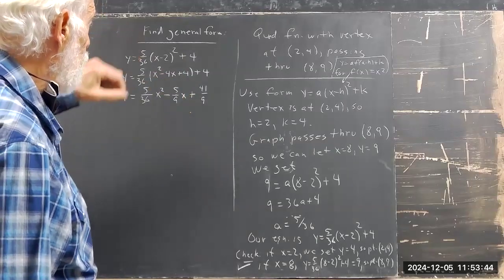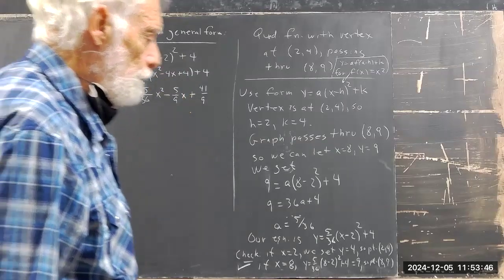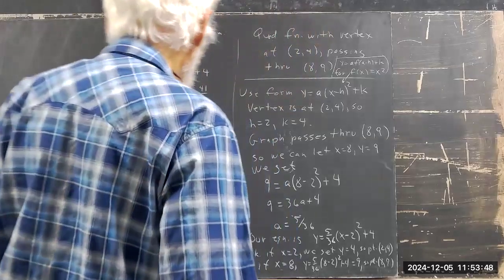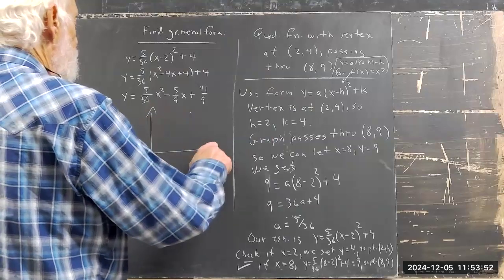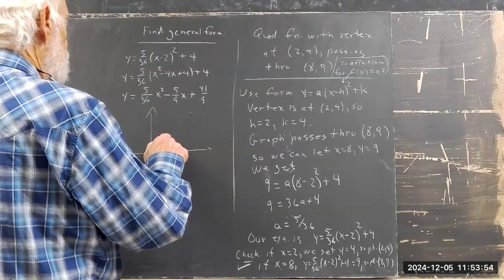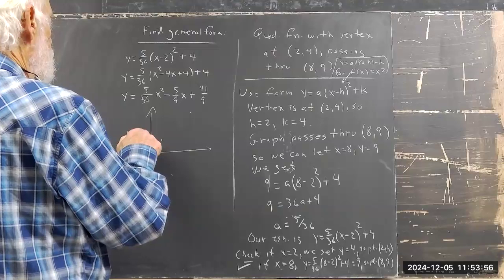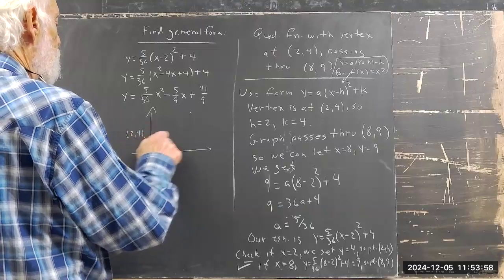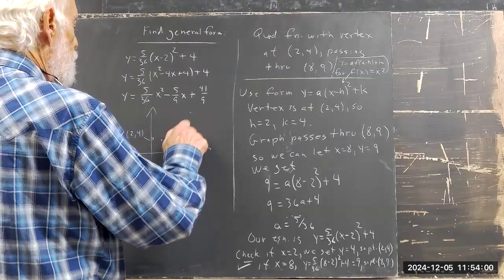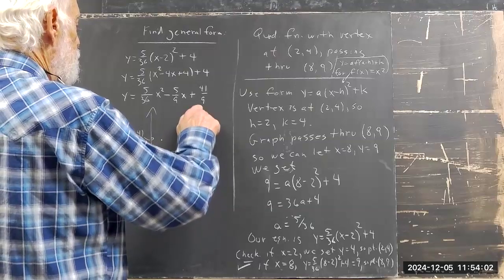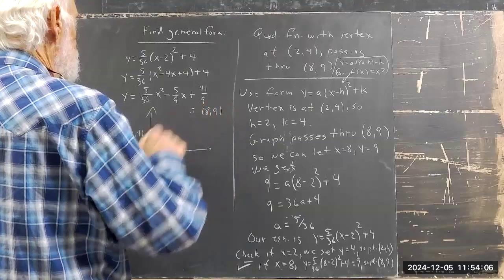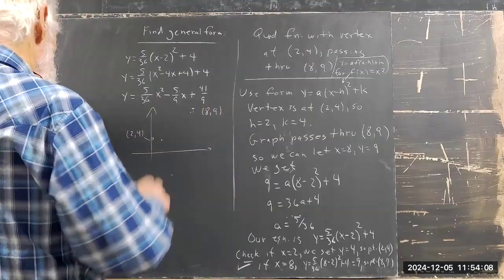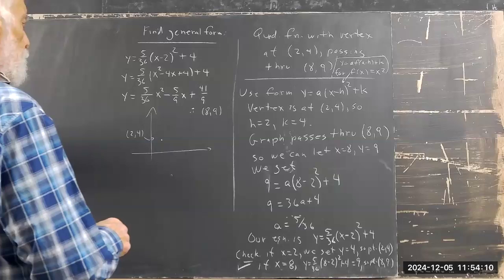41/9 is a little more than 4. If we go back to our original graph, it had the point (2, 4). It had the point (8, 9). This is supposed to be the vertex.